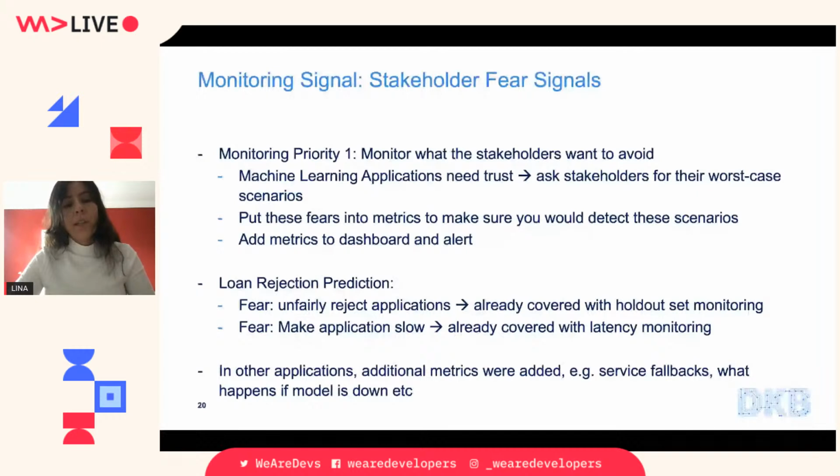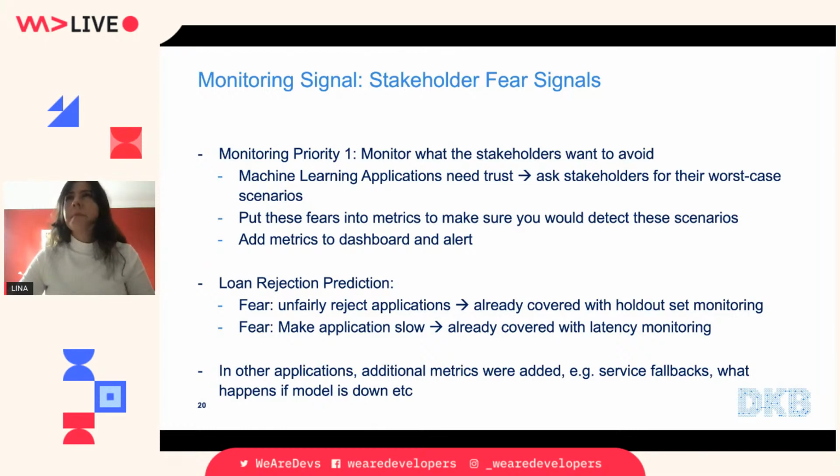So for our loan applications, we ask them, okay, what do you think could go wrong if we put this project into production? Actually, we do not want to unfairly reject people. Okay, that makes sense to us. So we covered this with the holdout set monitoring.